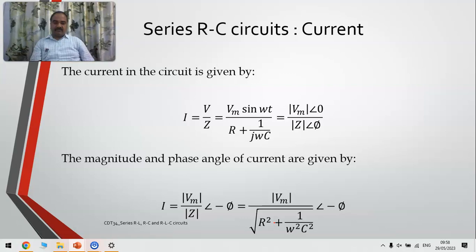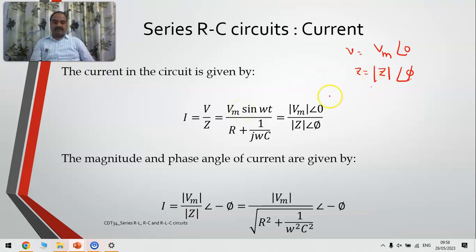So when I do this, the current in the circuit is generally given by V equal to Vm at an angle of 0, because by default we take the voltage angle as 0 unless it is mentioned. The impedance, if I represent it in polar form, is this representation.